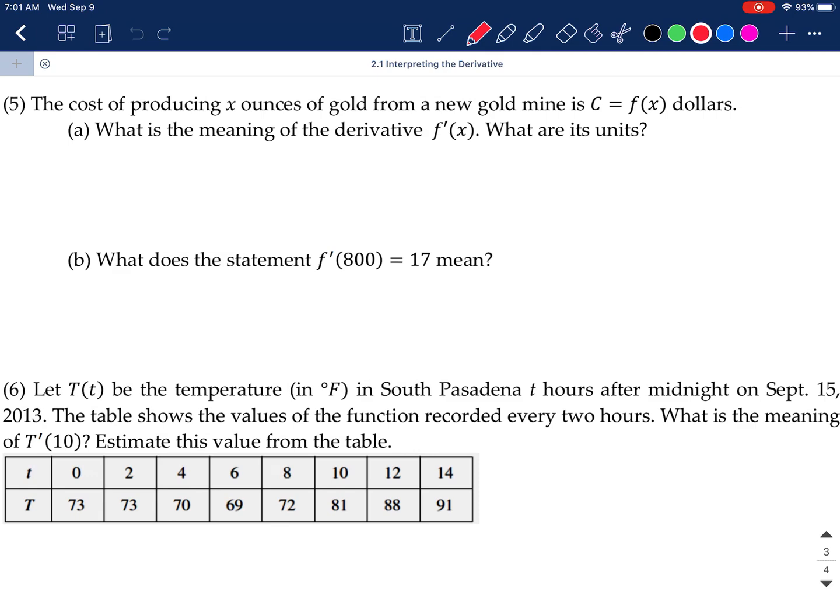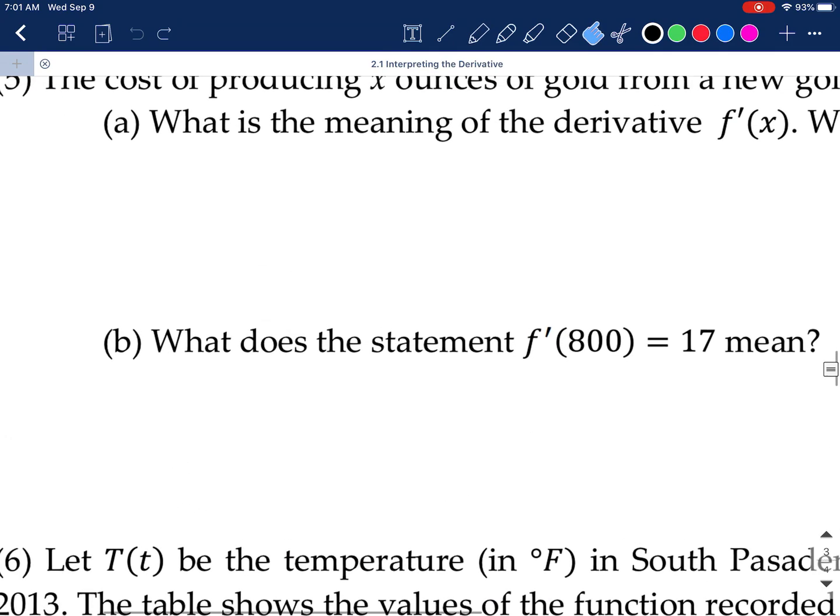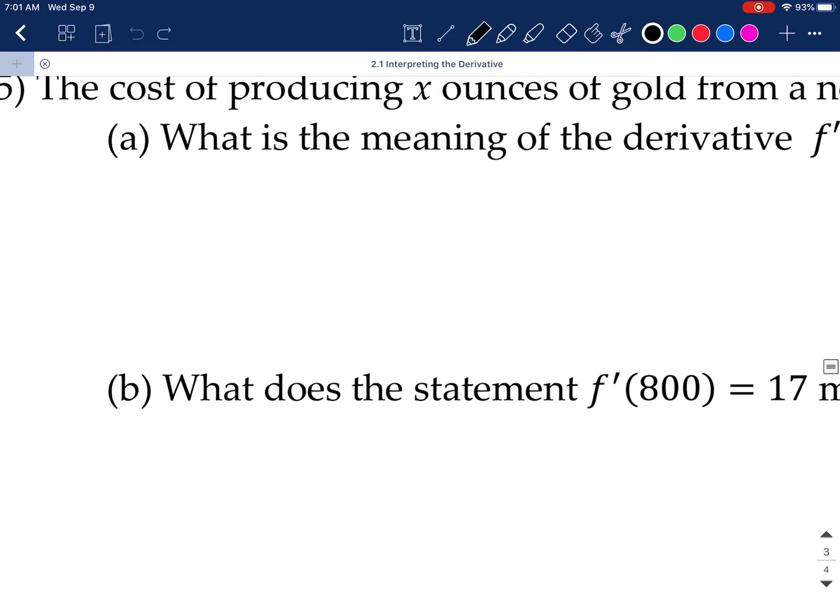So units are probably the easiest way to start. So let's just note that the derivative can be thought of as the ratio dy over dx or df over dx, and that tells us what the unit rate is going to look like.